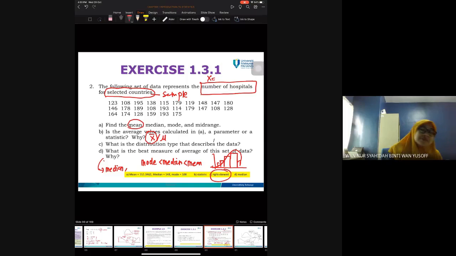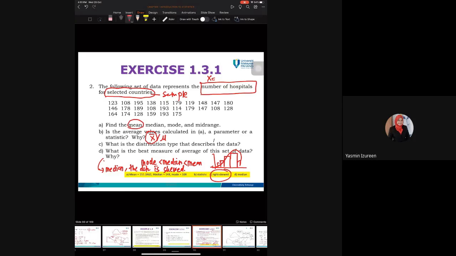Why median? Because the data is skewed. So the reason we use median here is because we have skewed data. Do not try to discuss the outlier here because we don't even try to identify the outlier. Okay, any question?